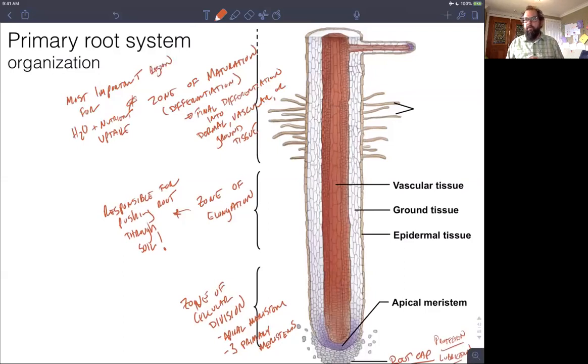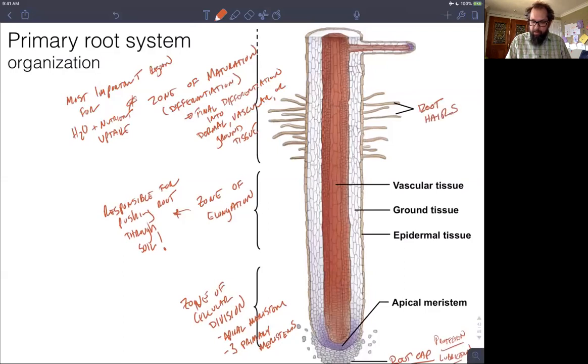This zone of cellular maturation or the zone of differentiation is where all of the water and nutrient absorption in the plant is actually happening. And most of that is happening through the production of a special cell type, a dermal cell that is produced in this zone of maturation, which are called root hairs.